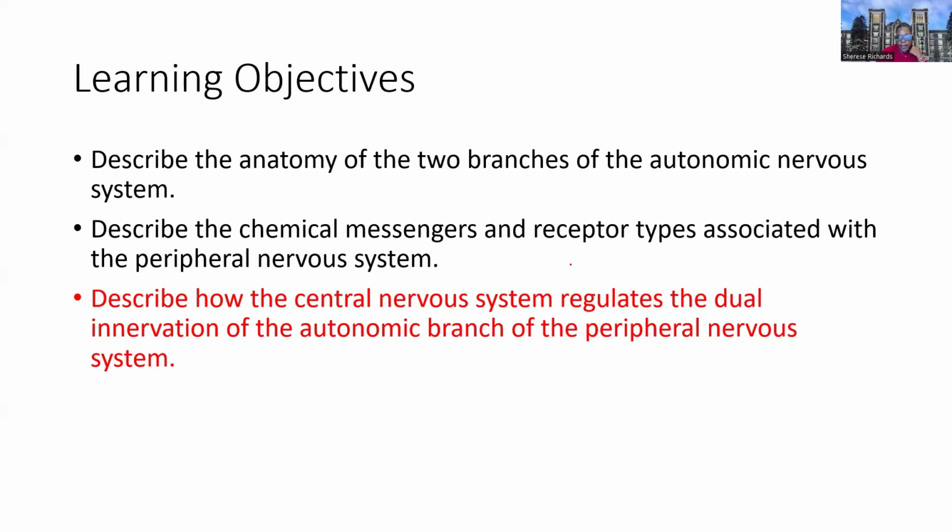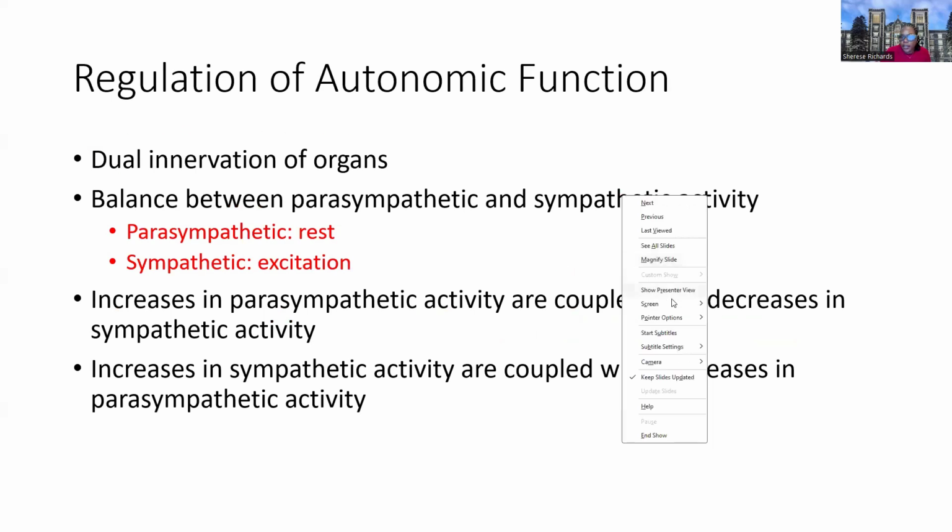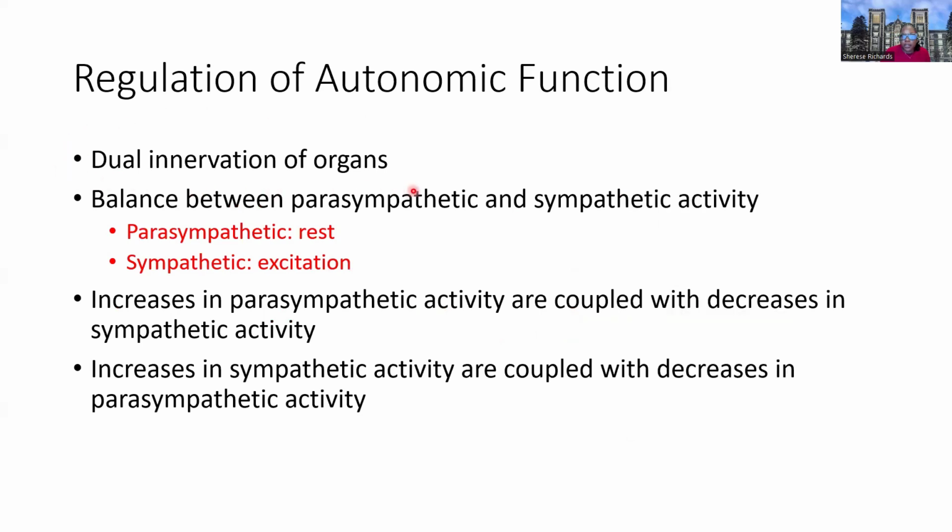So let's look at how the CNS helps to regulate this. So we discussed the dual innervation of organs. This simply means that all of our effector organs, salivary glands, lacrimal glands of the eyes, heart, kidneys, muscle, all of those organs are being innervated by both divisions all the time. The balance is typically what keeps us at rest.